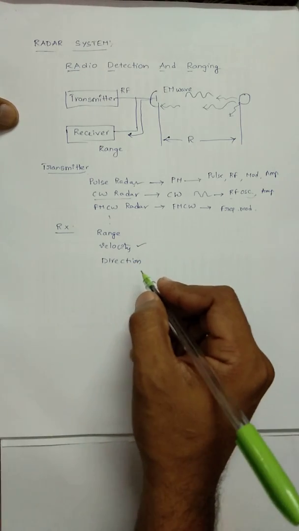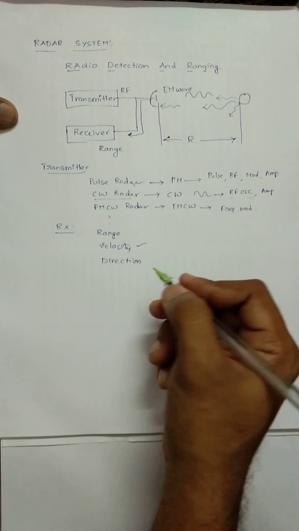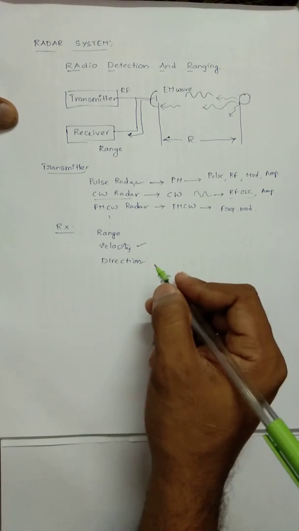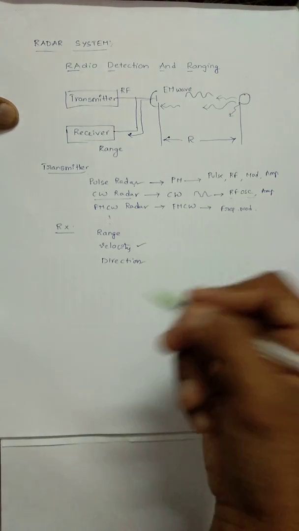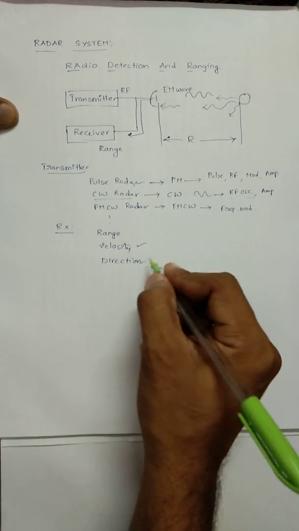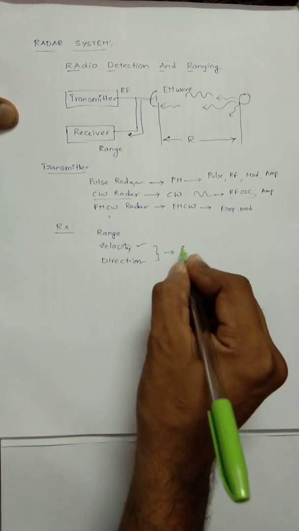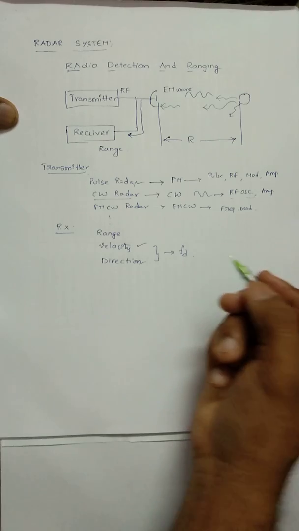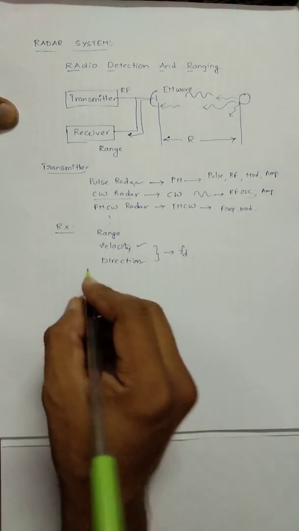And if the object is moving, then we can determine the direction of motion also. The direction of movement depends upon the Doppler. Velocity and direction we can determine by using the Doppler frequency FD, the Doppler phenomenon.